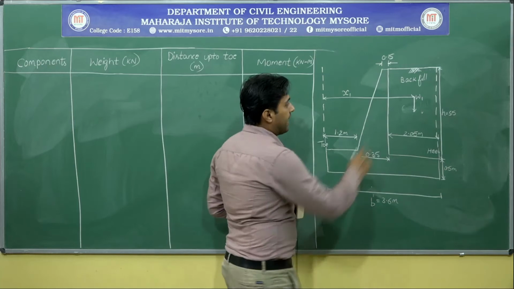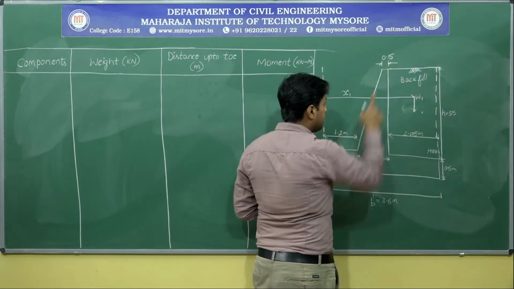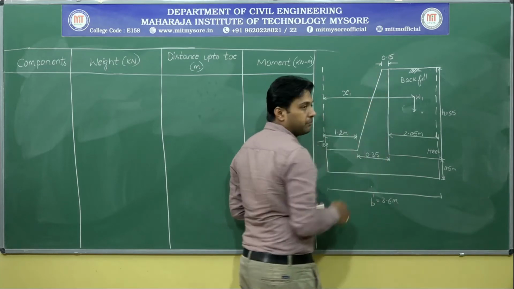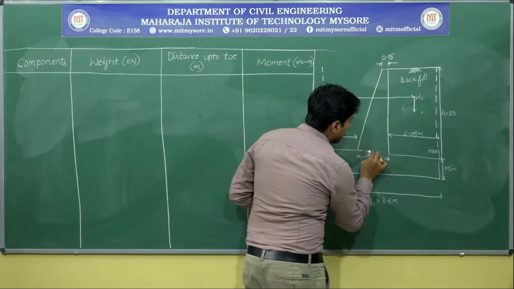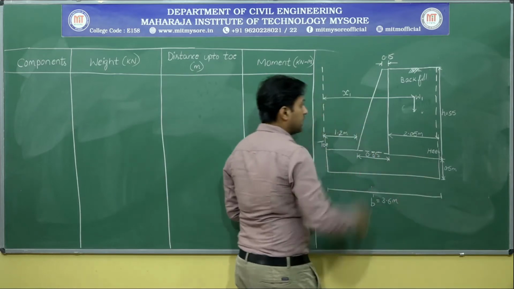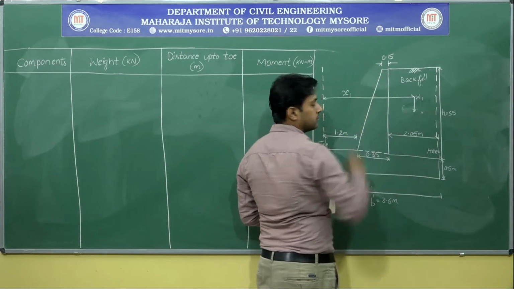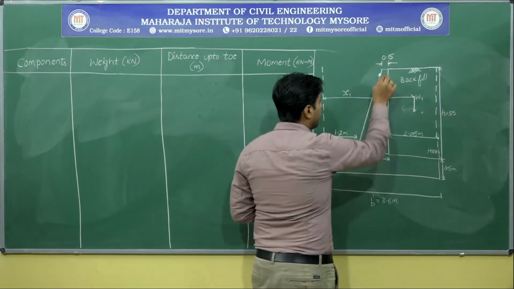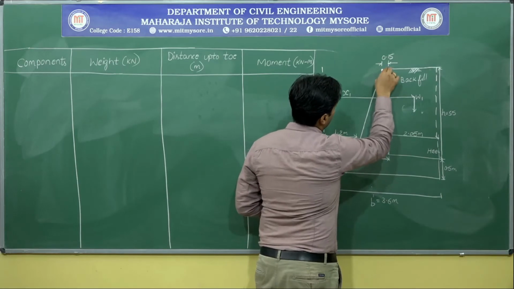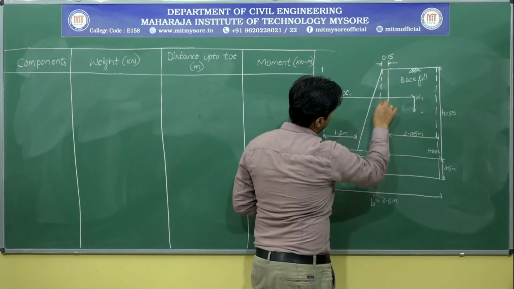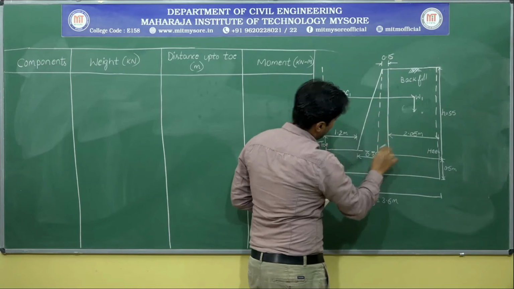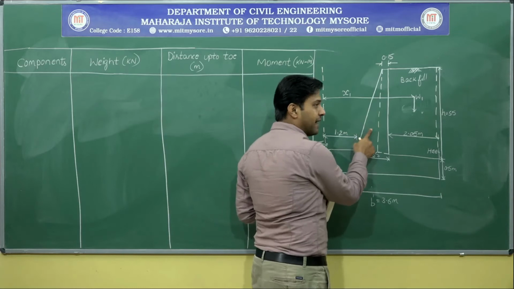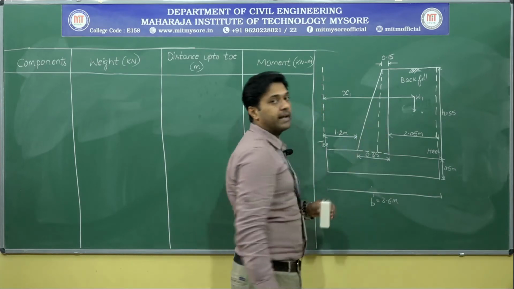Okay, so next, after the backfill, let me concentrate on this stem. Let me only concentrate on the stem. So what is this shape? It's a composite diagram, I can say. So what I will be doing is dividing this. Can I divide it like this? Then the first one will become a triangle, the second one will become a rectangle.